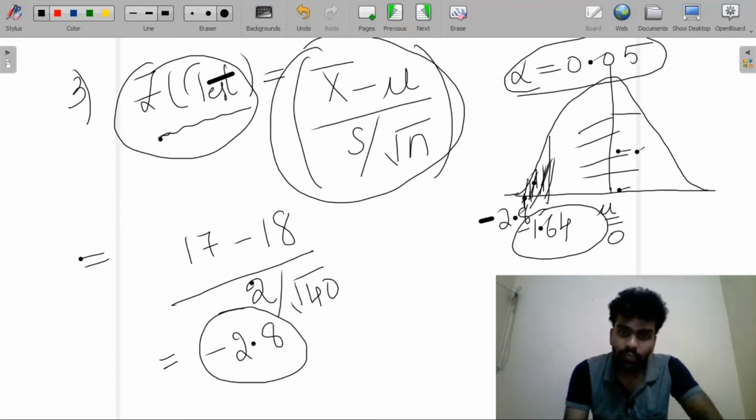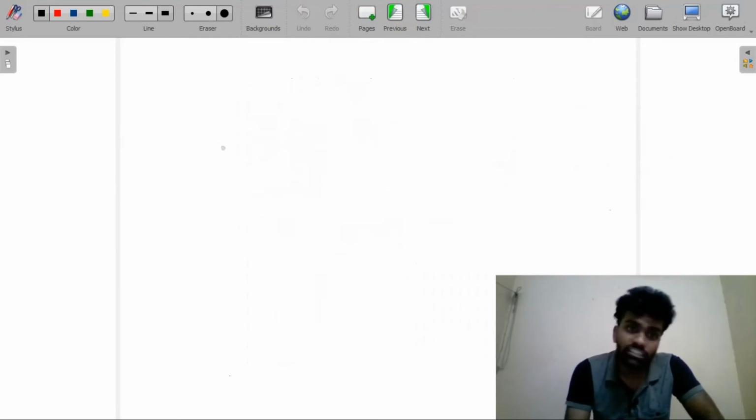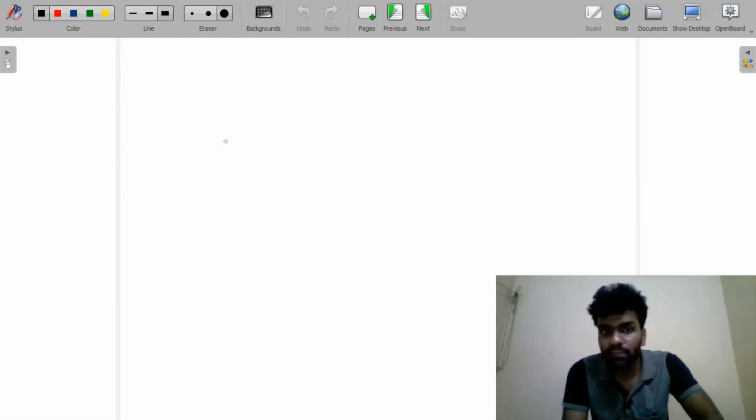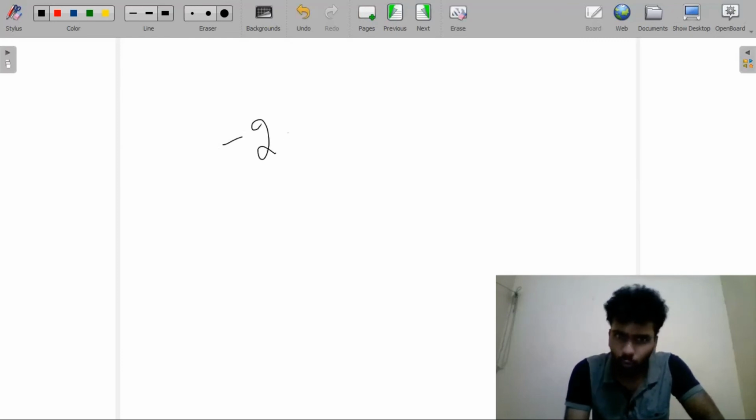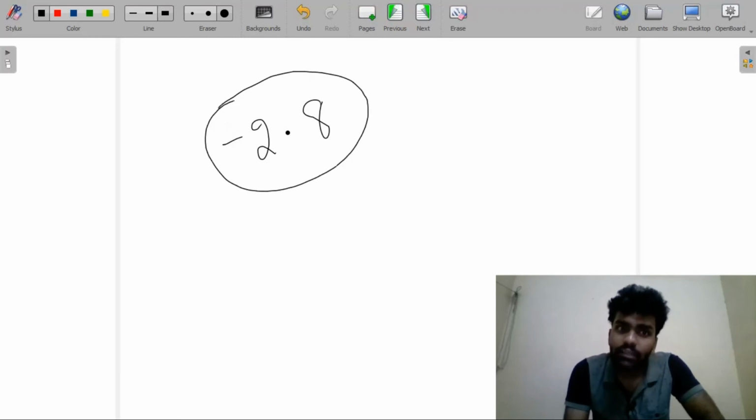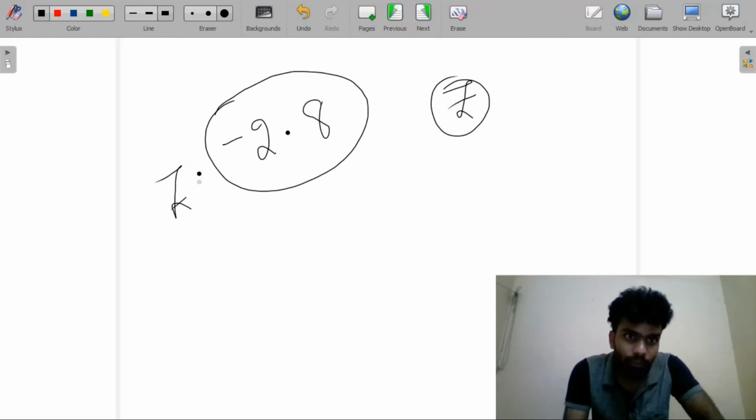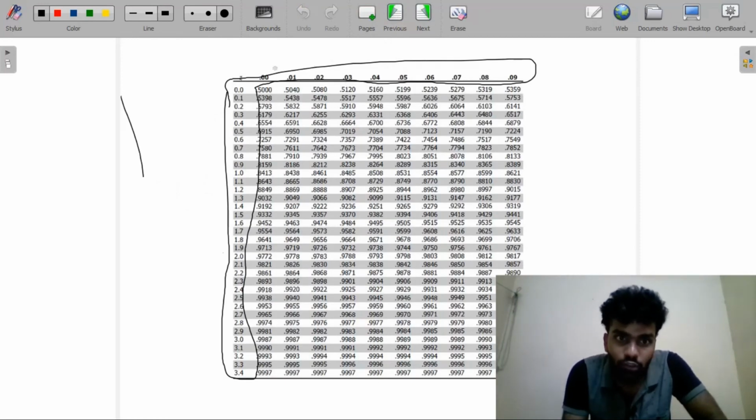And the other method is, what we got by performing the Z test is minus 2.8, right? For minus 2.8, what's the value in the Z table? Z is equal to minus 2.8. So corresponding to minus 2.8, we can find the value in the Z table.